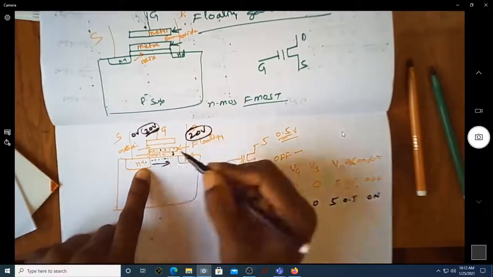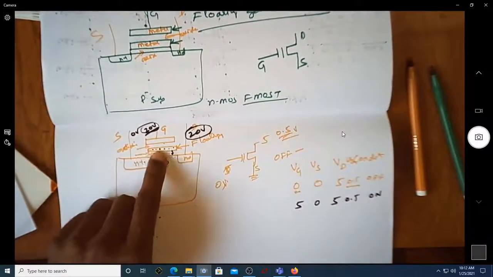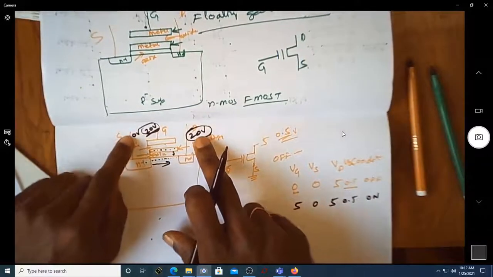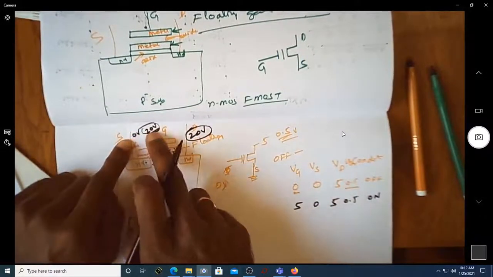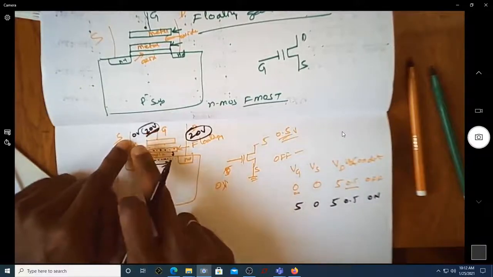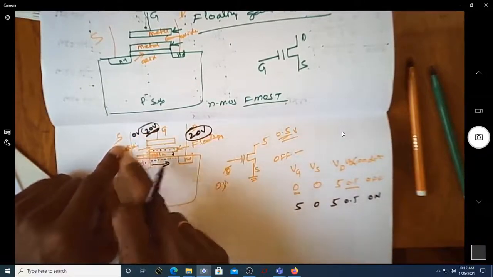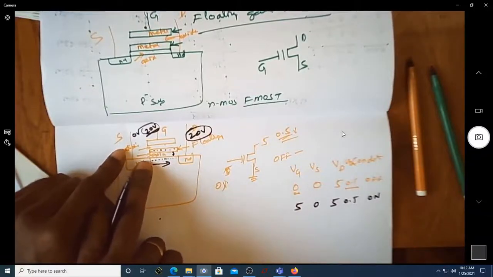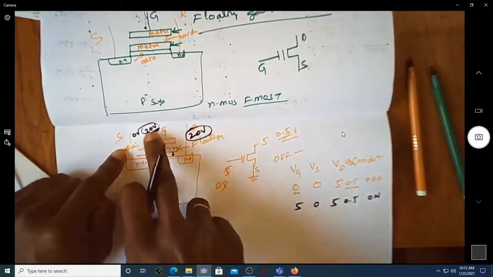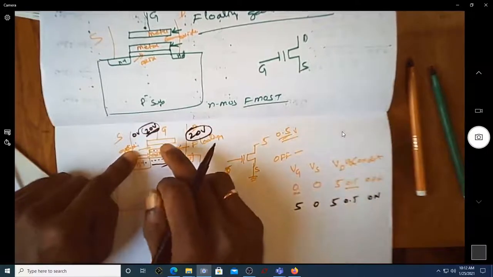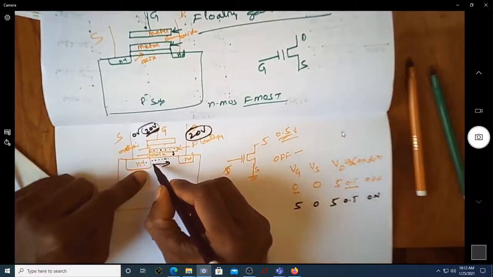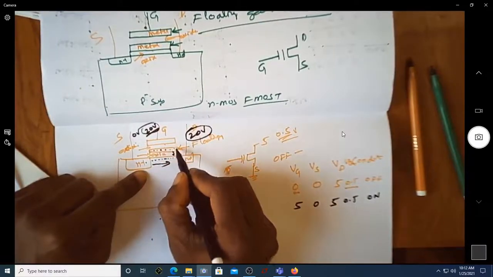Earlier there were no electrons in this gate structure. When I applied a large voltage of around 20 volts between gate and source, and 0 to 20 volt between drain and source, these electrons flow at very high speed, and because of the higher positive voltage at the gate, a few electrons may go and sit in this region.